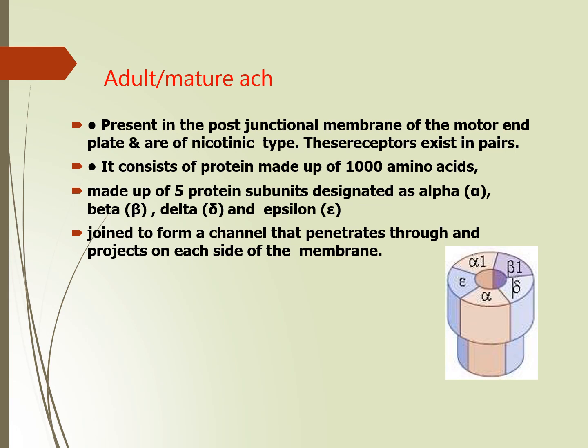They are present in the postsynaptic membrane of the motor end plate and are of the nicotinic type. These exist in pairs. It consists of protein made up of 1000 amino acids and made up of 5 protein subunits designated as alpha, beta, delta and epsilon. So alpha has alpha 1 and beta has beta 1 part, joined to form a channel that penetrates through and projects on each side of the membrane.